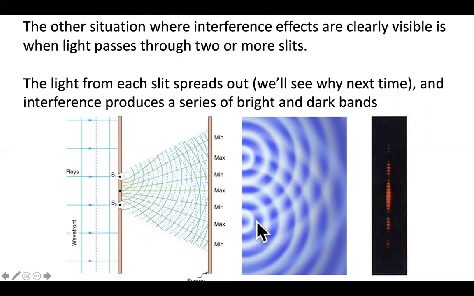There are various cute visualizations like this of what the waves do in between, but if you hold up a sheet of paper here, you don't just see a lot of light here and then it gradually falls off. You also see the brightness periodically goes up and down. This is another example of interference.